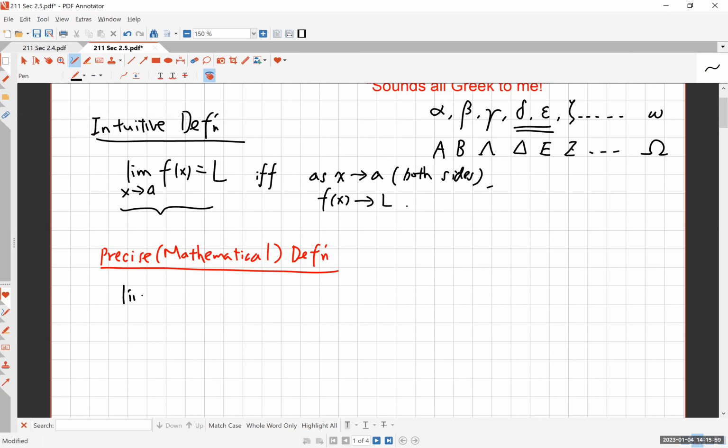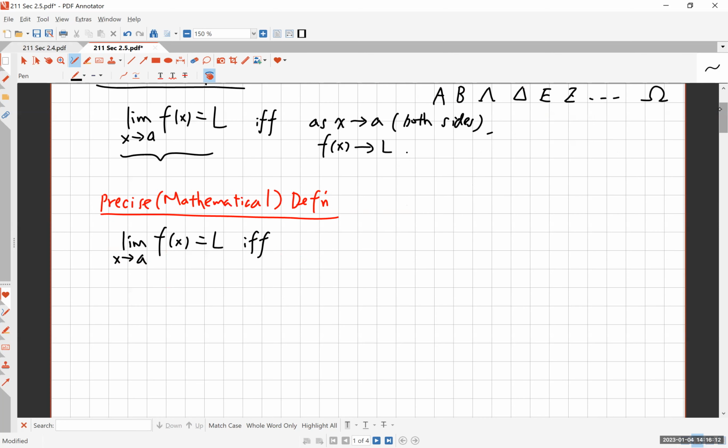Ready for this? We are going to say the limit of f of x as x approaches a is L, if and only if. So far everything is the same, because what we are defining is the same thing. We want to define when the limit of f at a is equal to L. And here is the rest of the precise or mathematical definition, okay?